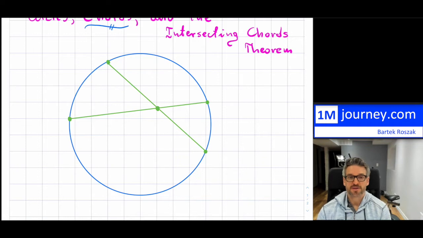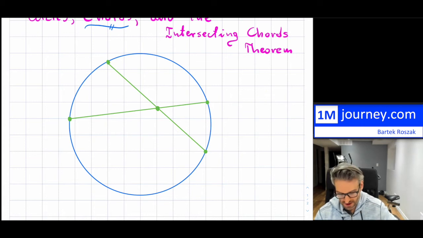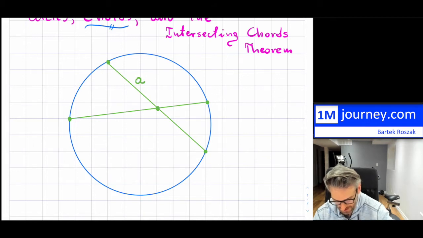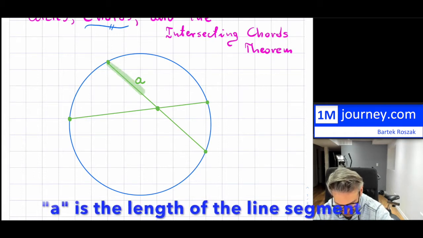Now, the intersecting chords theorem is very interesting. What happens is that when you have 2 chords that intersect each other, I'm going to label these line segments. So let's say this first line segment, let's call this A. That A is simply going from here to here.